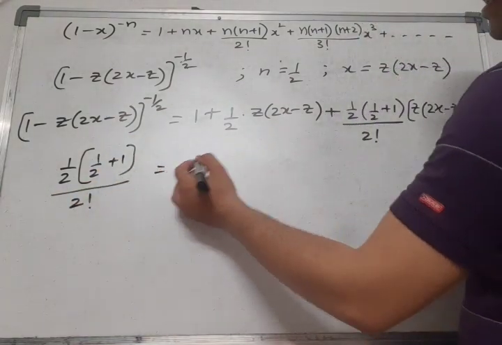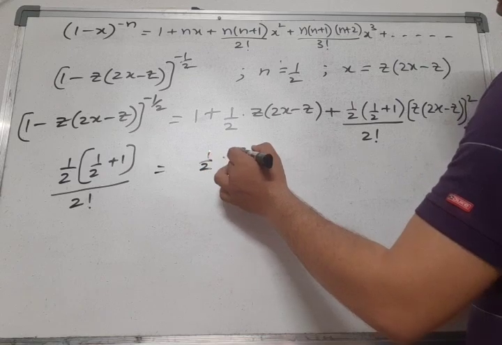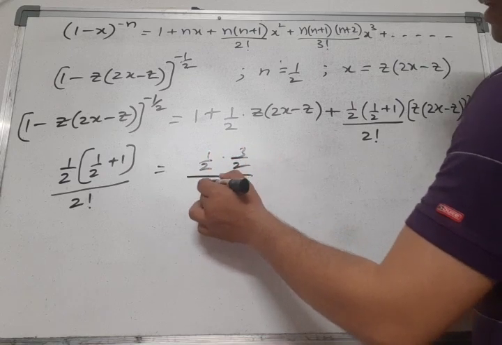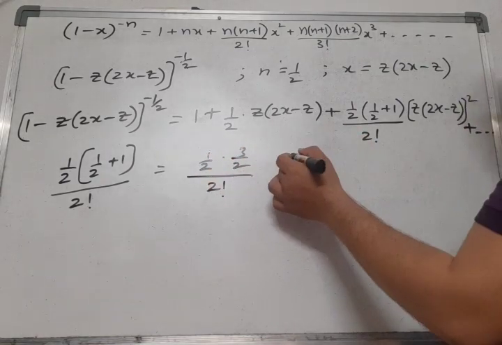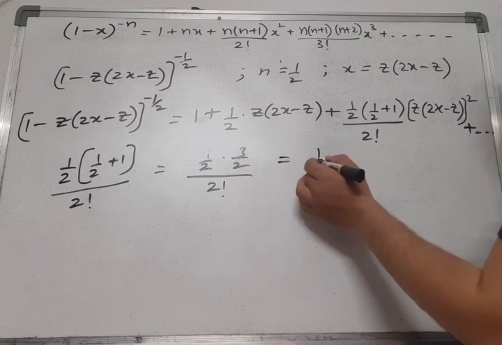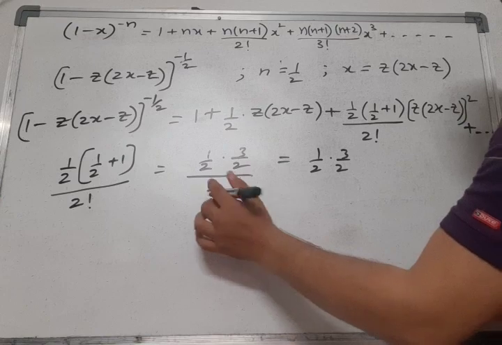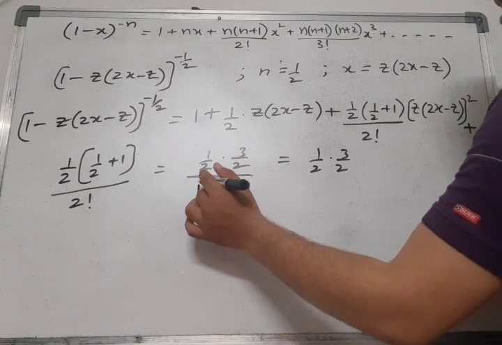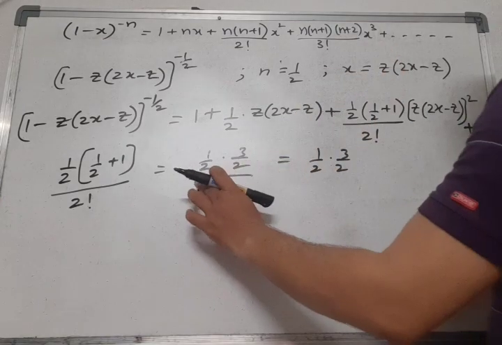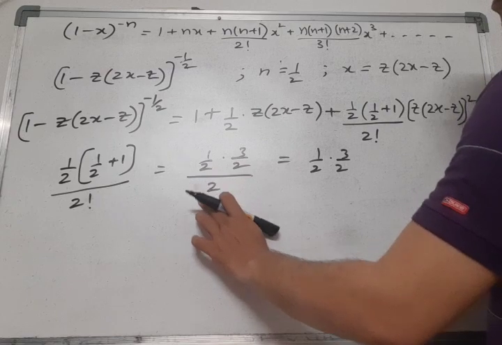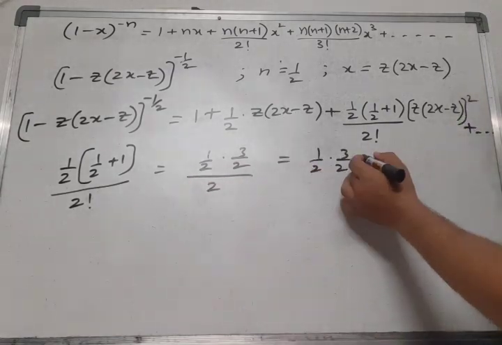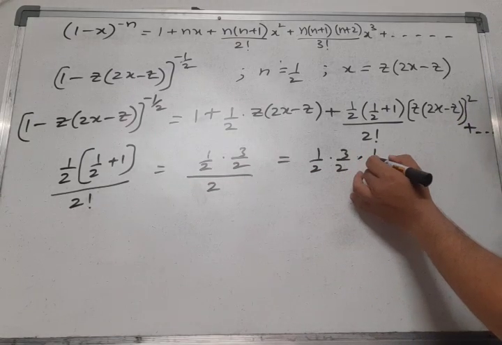What can we write this as? 1 by 2 into 3 by 2, by 2 factorial. 2 factorial means 2 only, no? 1 into 2, just 2 itself, right? Into 1 by 2.